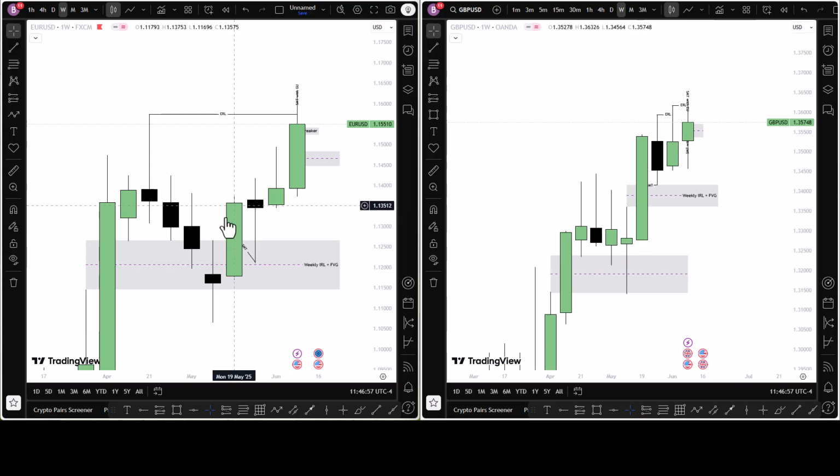This candlestick, if you look at it, is on 19th May. If you look below here, it's on 19 May. And this candlestick on the GBPUSD is on 19 May.